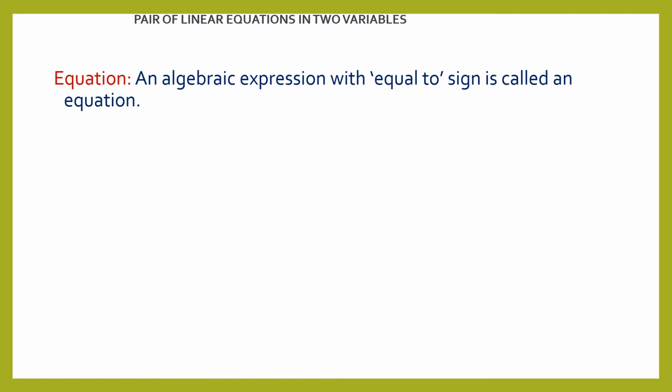Are you clear? So example, 3x plus 7 equals to 10. Here 3x plus 7, this is the algebraic expression, equals to 10. So an algebraic expression containing equal to sign is called an equation. Second one, x square minus 7x plus 10 equals to 0.